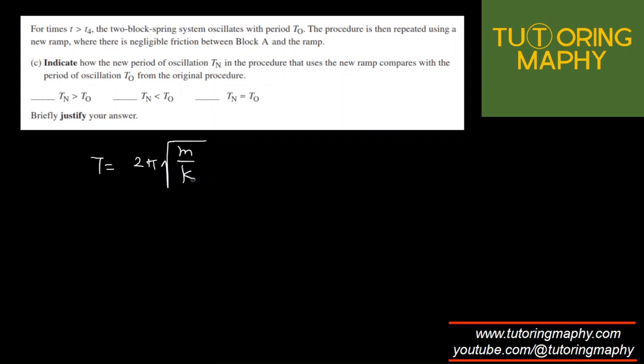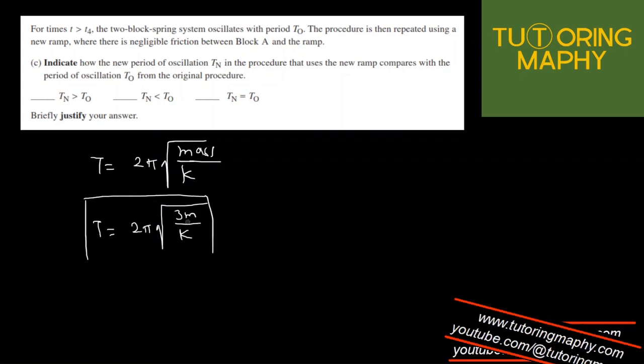But do you think that this is going to change? Here m is the total mass. So what will change over here? Nothing, because the total mass is still whatever it is, 3m, over k. k is not changing, m is not changing.